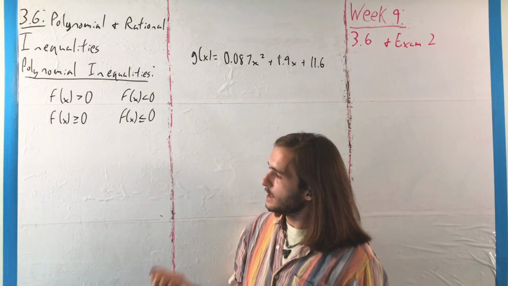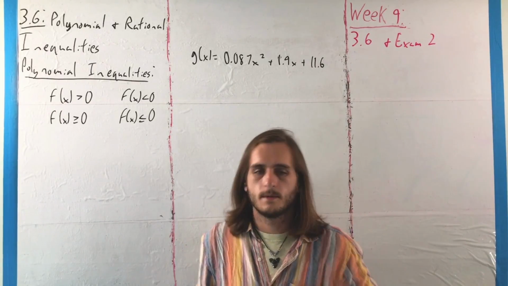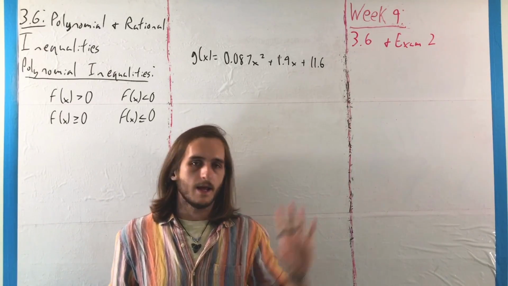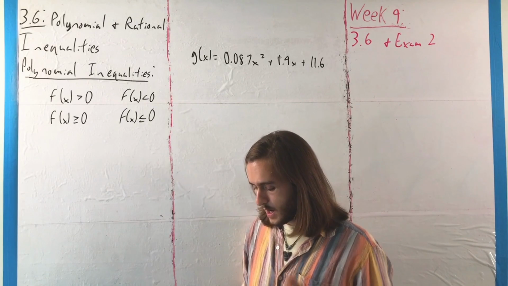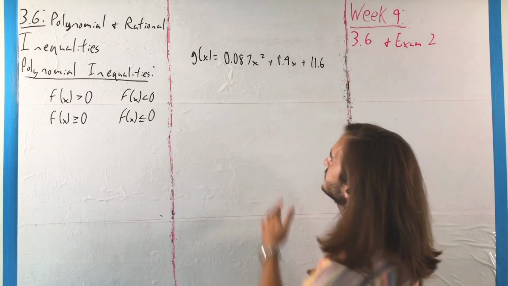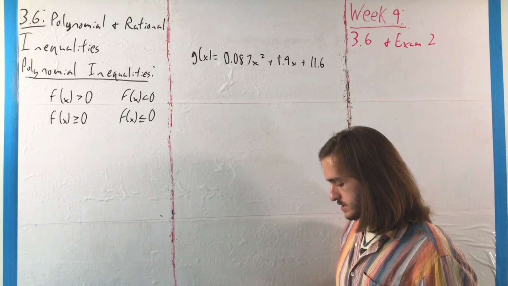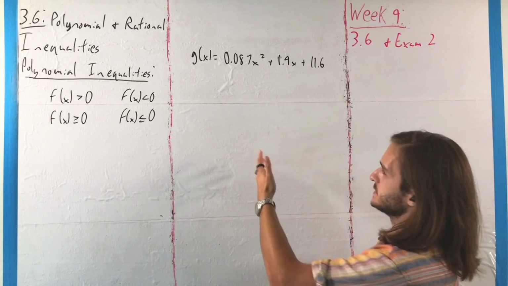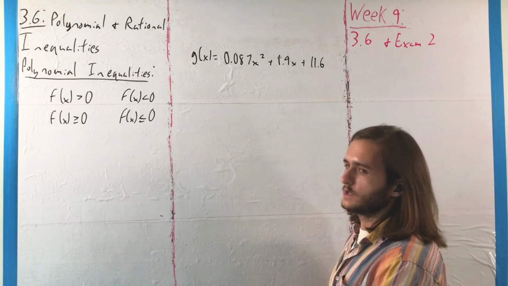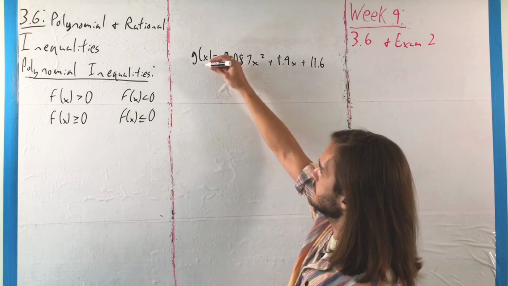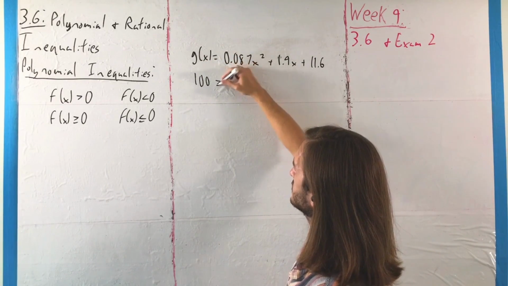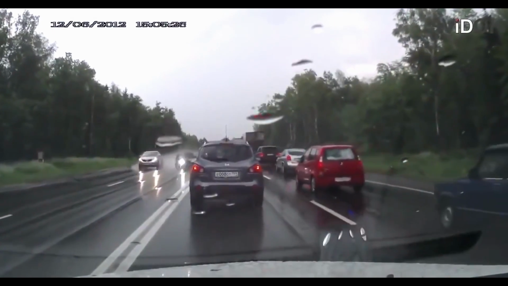It's an important one where that function f of x has the form a_n x to the n plus a_(n-1) x to the n minus 1, and so on, for the degree of that polynomial. So if we're thinking about this, we might not be so interested in knowing the exact value, but we might instead want to know how fast you should go in order to keep that stopping distance at most 100 feet.